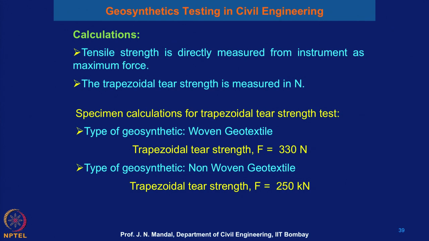So, for different types of geosynthetic material, you can obtain different tear strengths of the geosynthetic material. This test is important because geotextile material should not be damaged. So, you have to specify the proper strength of the geosynthetic material.